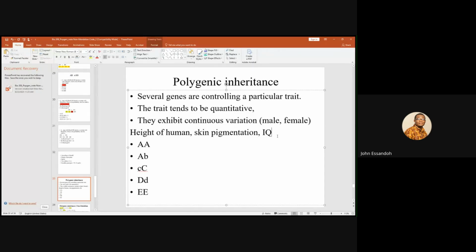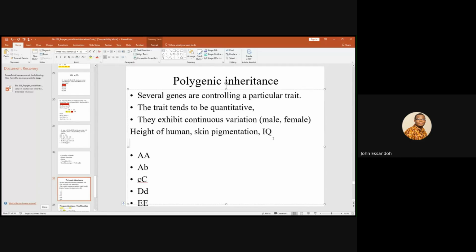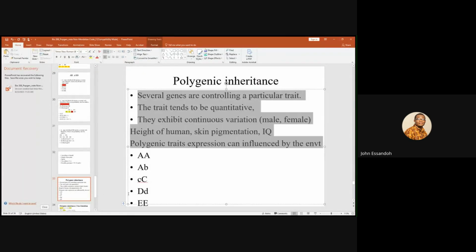All right, good. Another thing about polygenic traits is that their expression can be influenced by the environment.